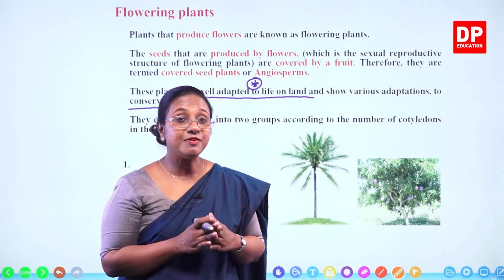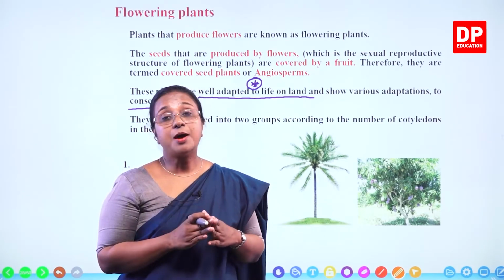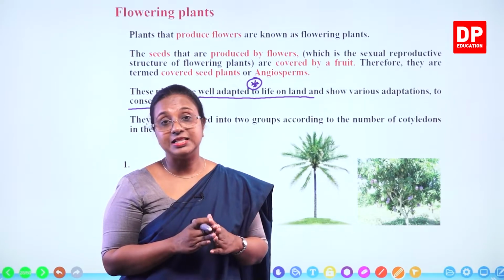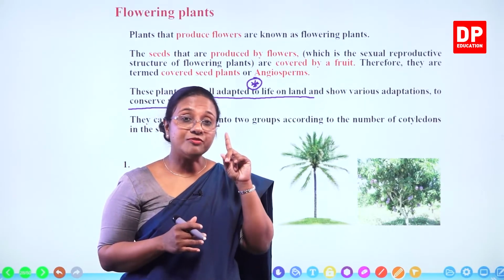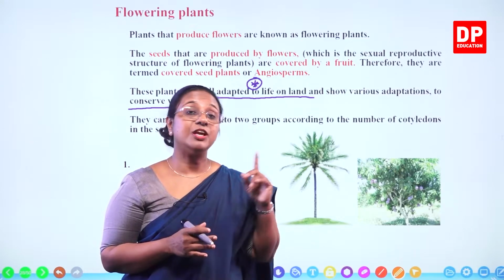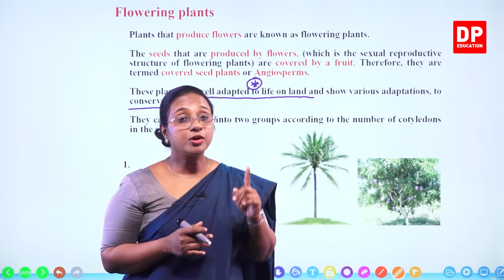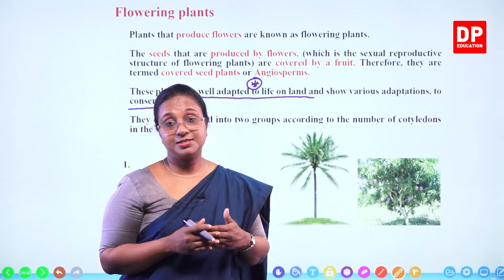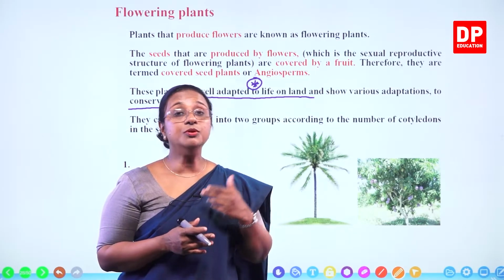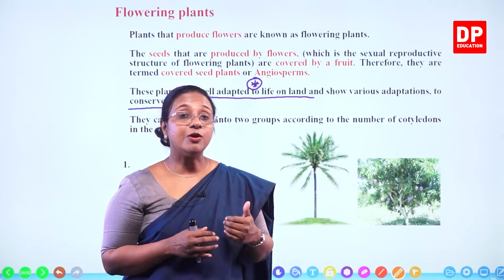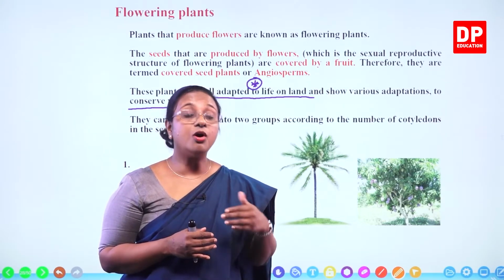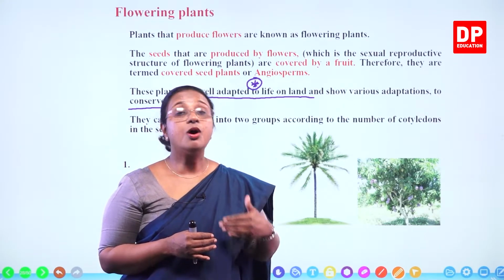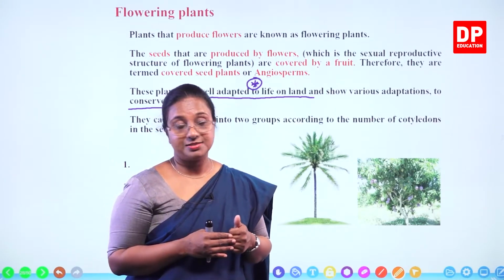How do we classify them? Based on the number of cotyledons present in the seed. If there is only one cotyledon in the seed, we call it monocots or monocotyledonous plants. If they have two cotyledons, then we call them dicots or dicotyledonous plants.